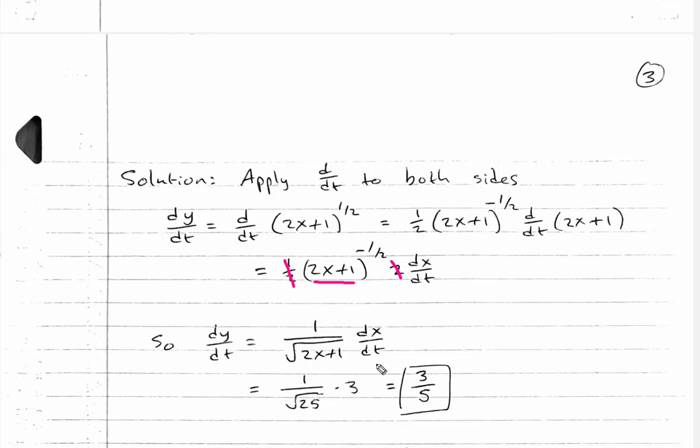Okay, then just substitute. From the question, we were told dx/dt was 3, and we're interested in the rate of change when x is 12. So this is the square root of 25, right? All right, so dy/dt is 3 over 5.